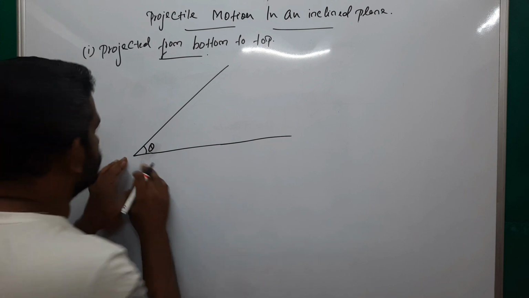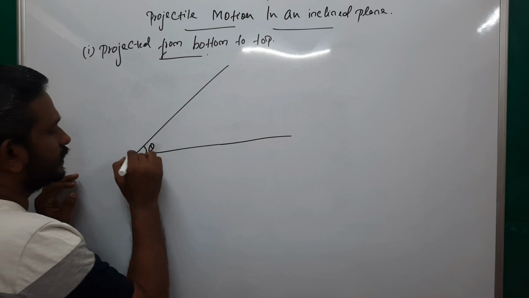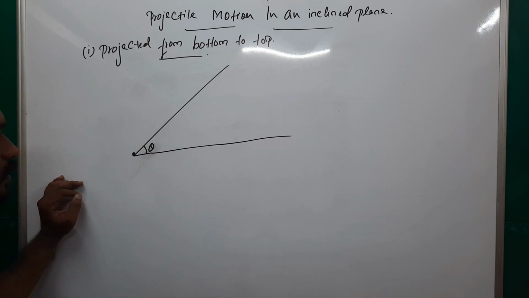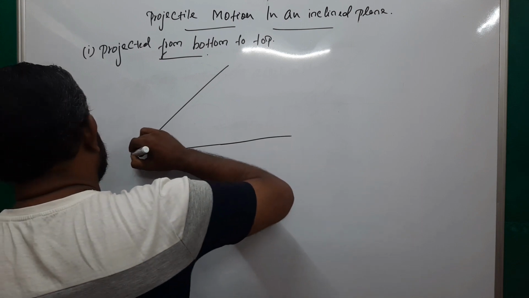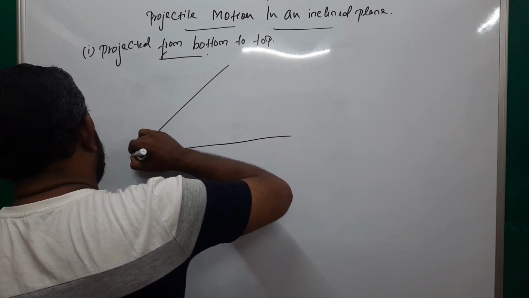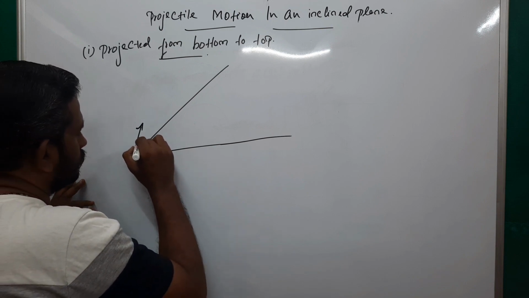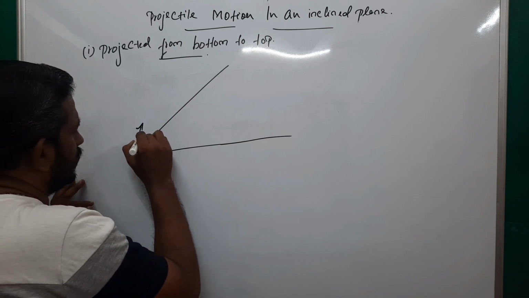From the bottom of the inclined plane we are projecting. The projectile is projected at an angle alpha. So the angle is different.